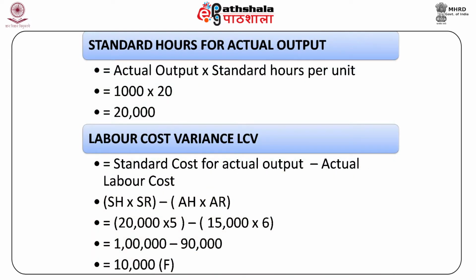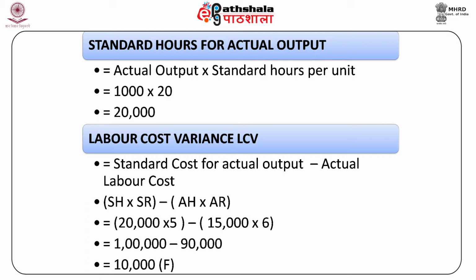Standard hours for actual output will be equal to actual output into standard hours per unit, which is 1000 into 20, equal to 20,000.